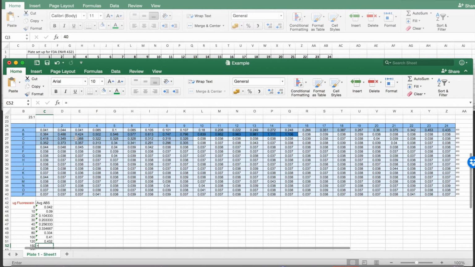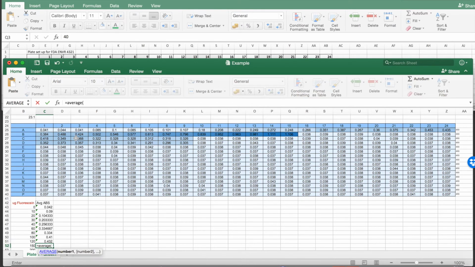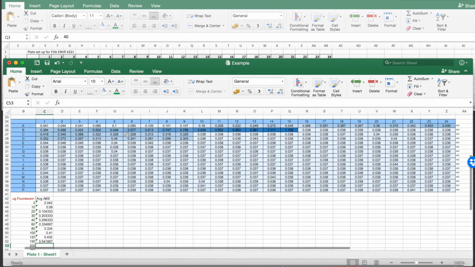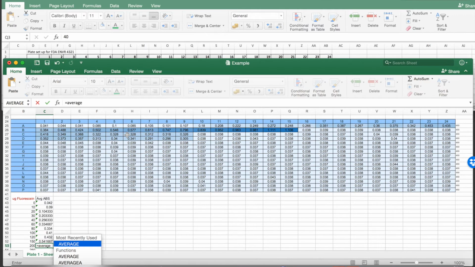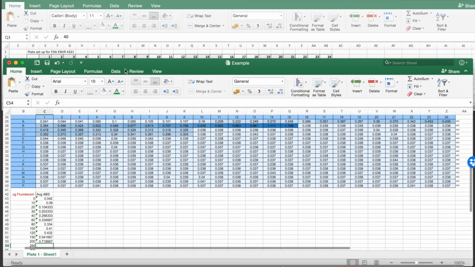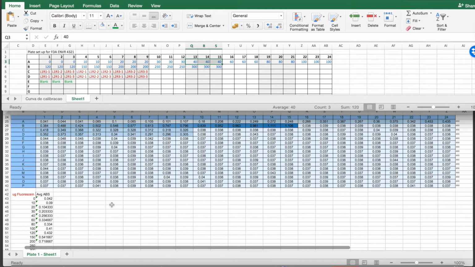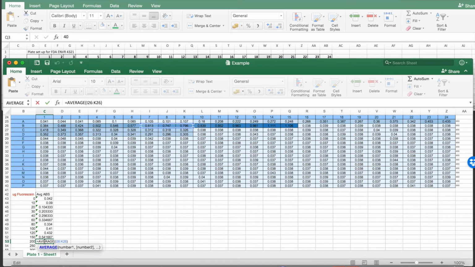Okay, so this is just to average out the absorbance across your standard curve. I'm using this group's data because during the activity I looked at their data, and let me just double check here, 207, yes.